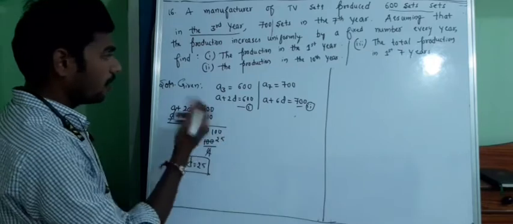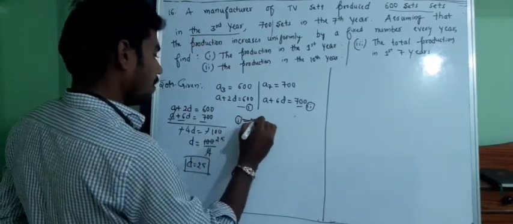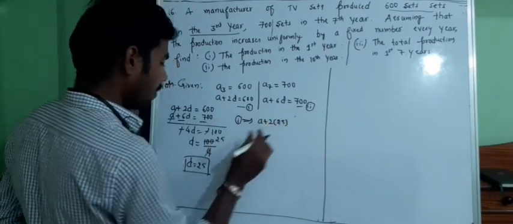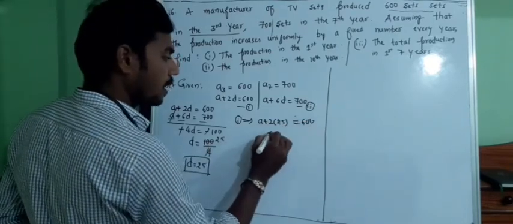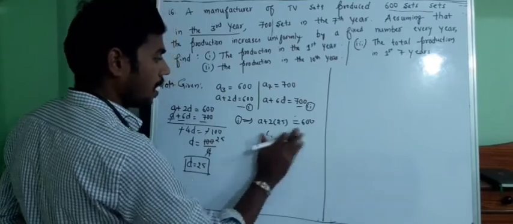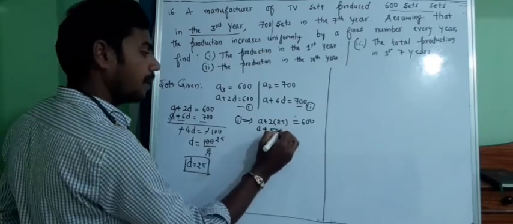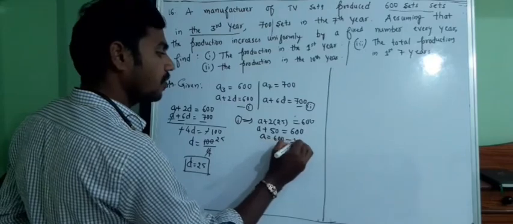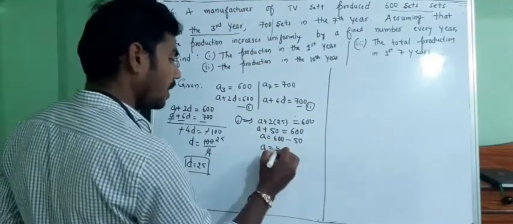So place the value in one of the equation. So equation 1 becomes then, A plus 2 into, in place of D I am going to place 25 is equal to 600. Or else A is equal to 600 minus, I'll write one more step. A plus 2 into 25, 50 is equal to 600, or A is equal to 600 minus 50. A is equal to 600 minus 50 is nothing but 550.